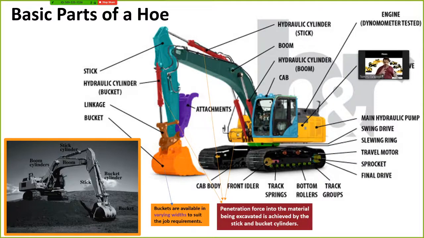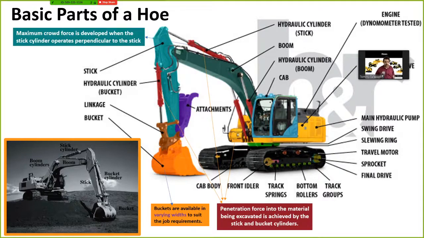And actually, like I said, they are the parts that make the machine move. Other parts are just solid steel. So maximum crowd force is developed when the stick cylinder operates perpendicular to the stick. Okay, so let's see what they are.